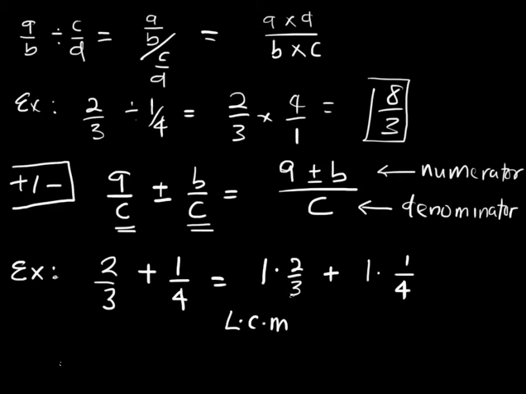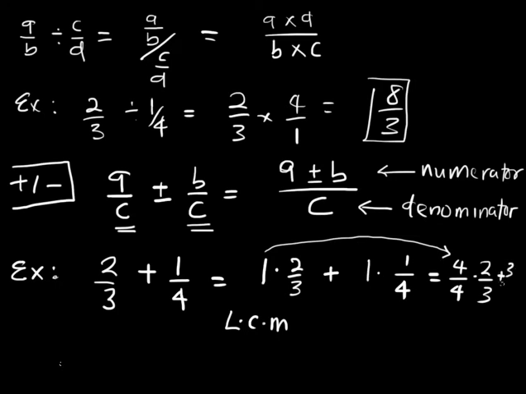Because any number multiplied by 1 is still that number. Then we replace 1 in this case with 4 over 4. So 4 divided by 4 multiplied by 2 over 3. So you can see 4 divided by 4 is just 1. All right.